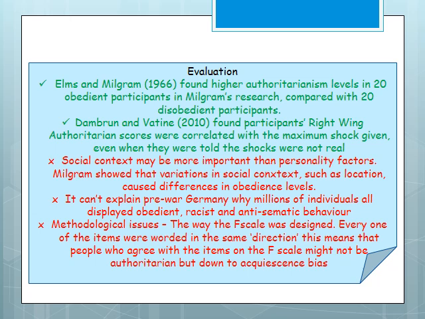Participants with right-wing authoritarian scores were correlated with the maximum shocks given even when they were told that they were not real. However, it may be the social context that is more important, so think back to the idea of proximity to the victim, the location, uniform, rather than personality.